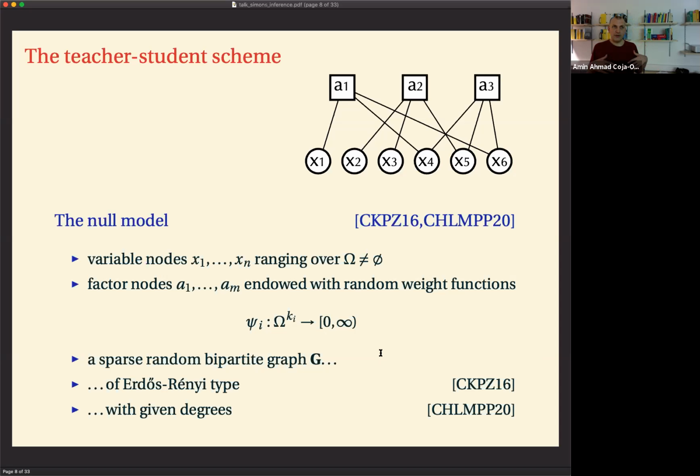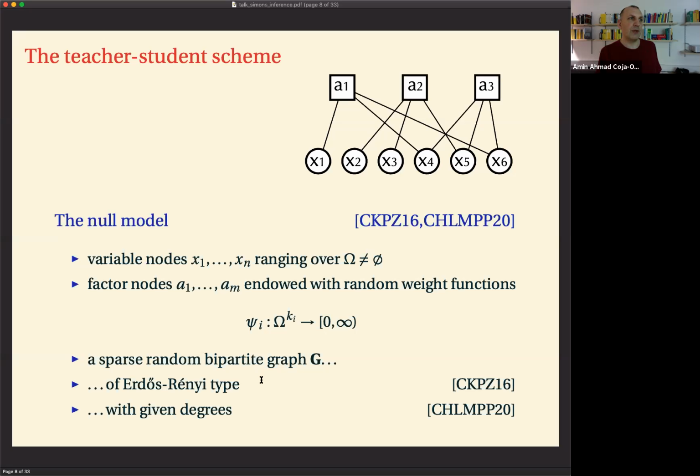And in this null model, we simply connect these factor nodes and the variable nodes randomly. These weight functions can be random as well, so they need not be the same for all the different check nodes. Also, the degrees of the check nodes need not be the same. We would assume that there's some prior distribution on these weight functions, maybe.